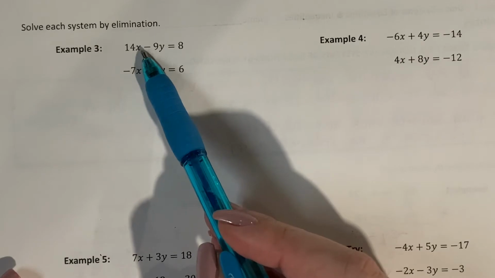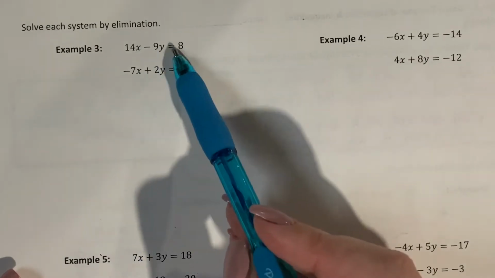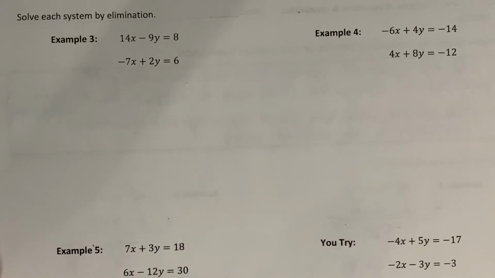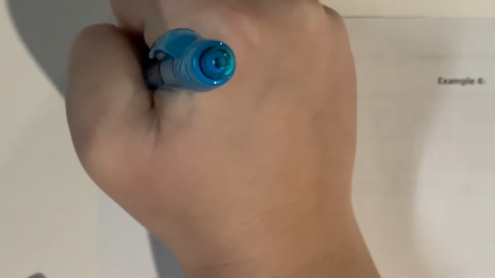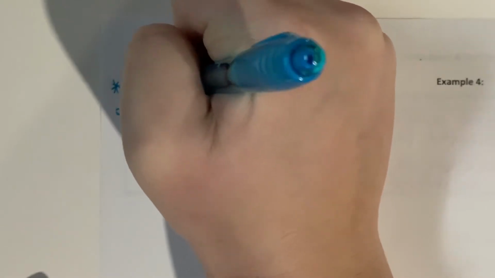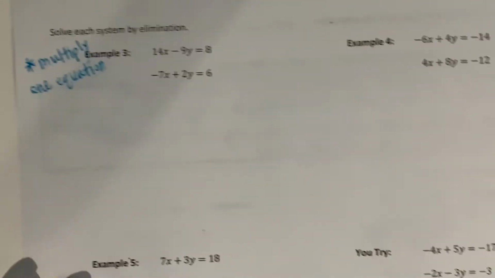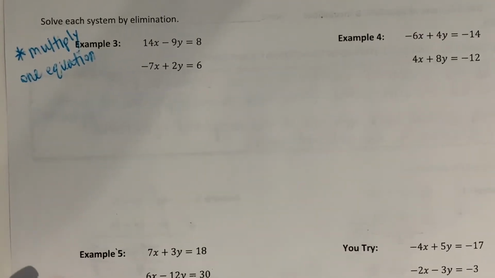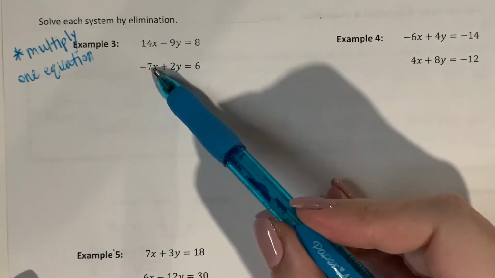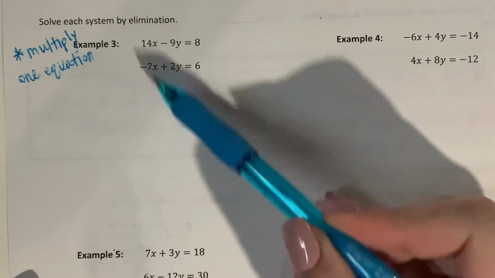But right here I'm noticing my x's aren't canceling and my y's aren't canceling. So I need to multiply one equation. I can make a note here. We're going to multiply one equation, and I'm going to have to do that so that one of my variables will drop out of the problem. So I want to look for things that are multiples of each other.